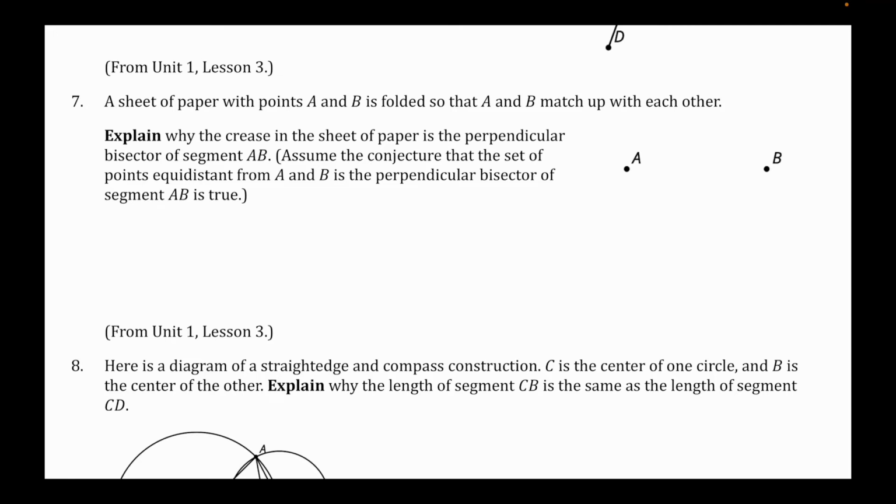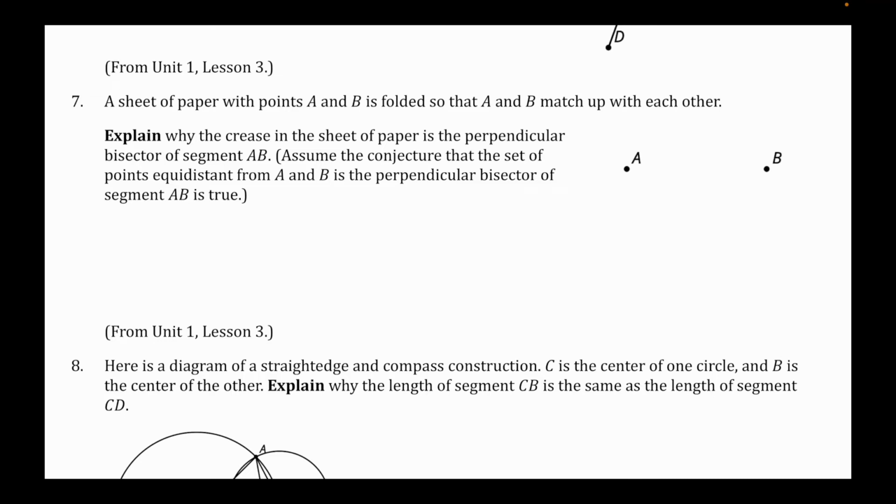Now, the explanation they give on the answer key, I'm going to read out loud, but then we're going to phrase this a little bit differently when we write this down. The solution they give in the Illustrative Mathematics curriculum is that if C is a point on the crease of the folded paper, a segment can be drawn that simultaneously connects C to A and B while the paper is still folded.